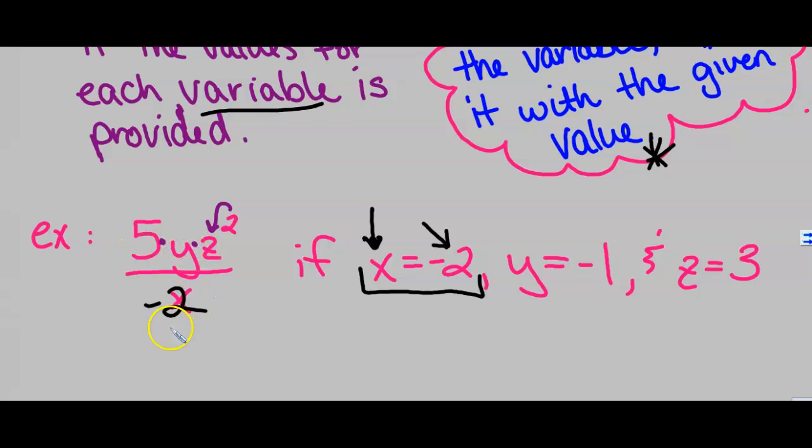Now we're going to do what's called substitution, and we already did that here with this x. Any variable or letter, we're going to replace it with the value or number that they tell us it is. So y is equal to negative 1. Everywhere we see a y, we're going to put a negative 1. I see a y right here, so I'm going to put a negative 1.